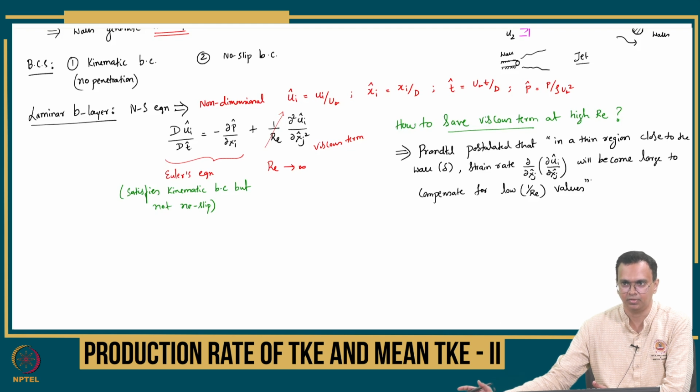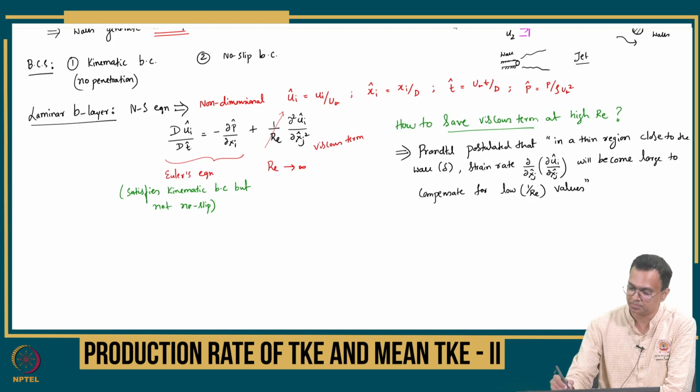Even if the flow is, let's say, 1 million Reynolds number, inside that thin boundary layer, viscous effects have to be present. So the term has to survive because of extremely large strain, and strain I told you is in the production rate of turbulence, right? The Reynolds stress is interacting with the mean strain rate. So the strain rate is an important term.